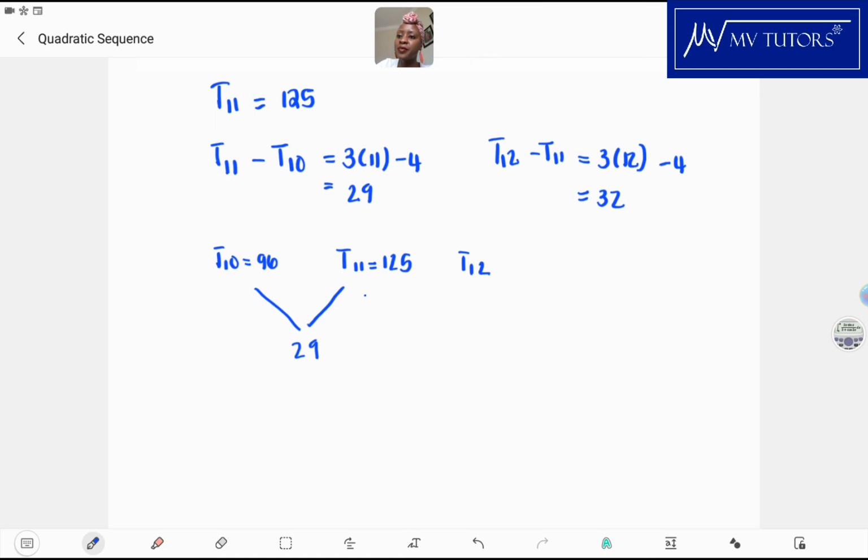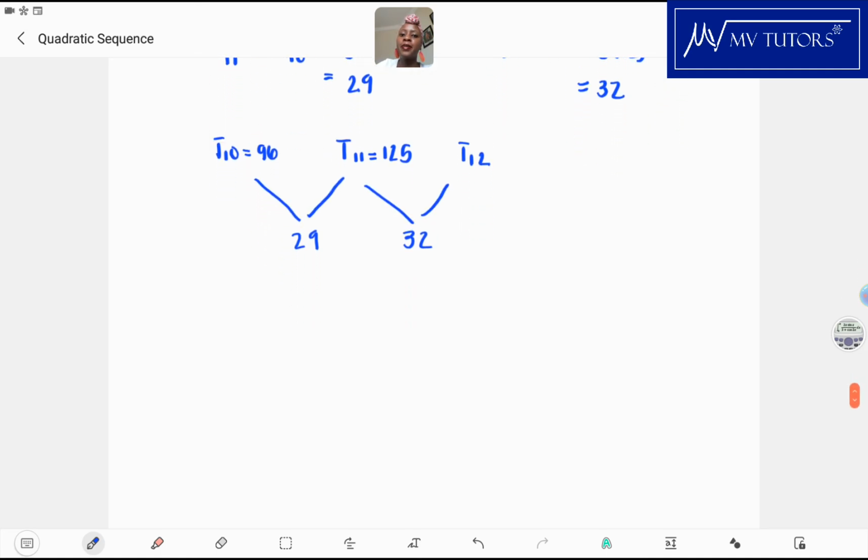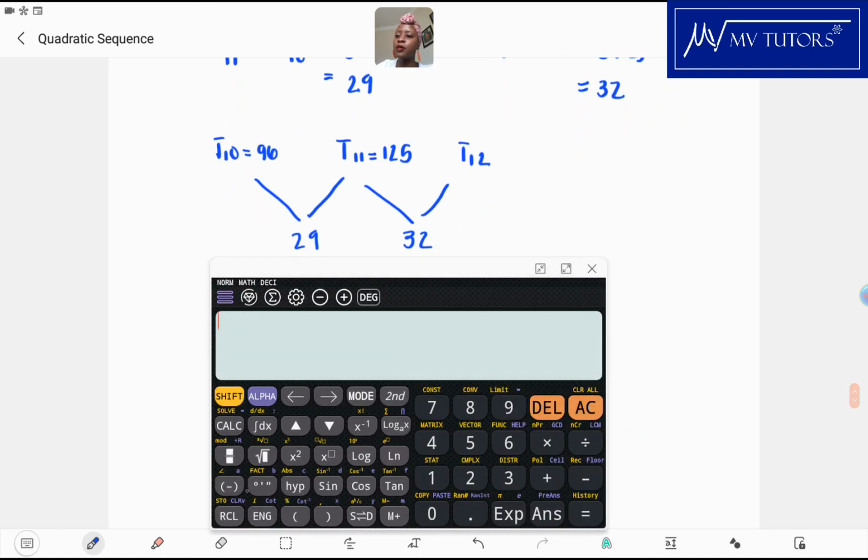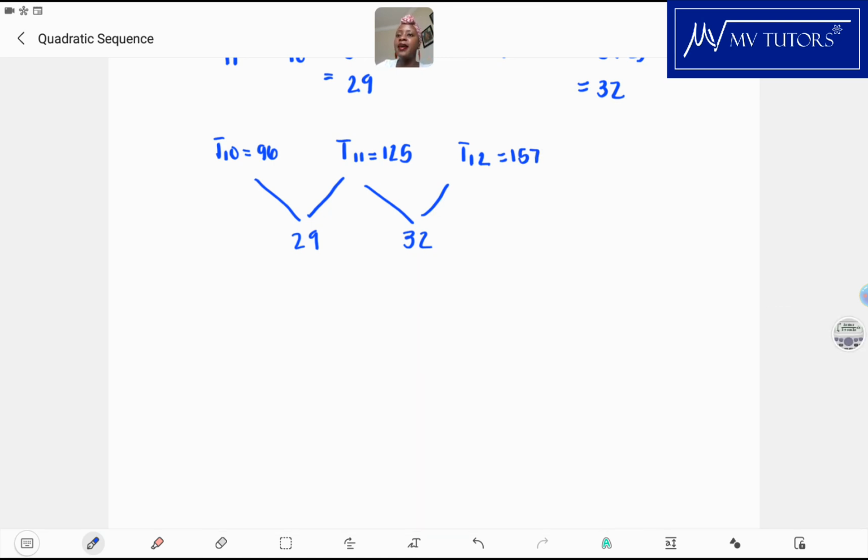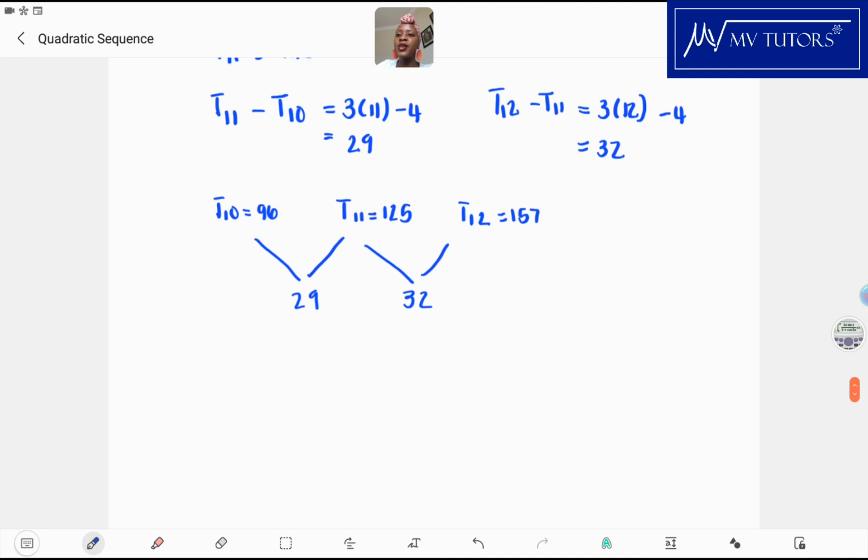So now the difference between these two is 32. Okay, and if I say 125 plus 32, I get 157. So the 12th term is 157.